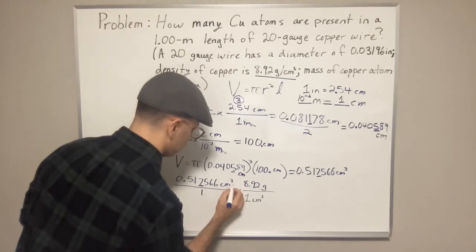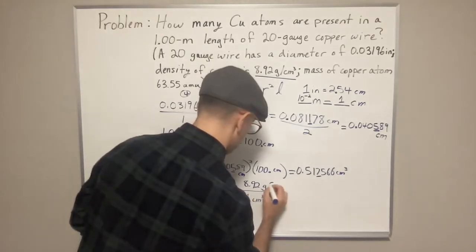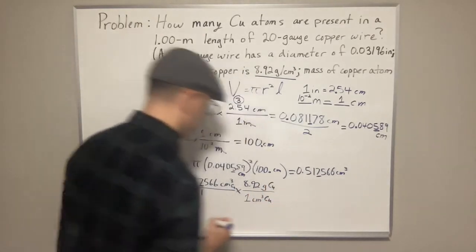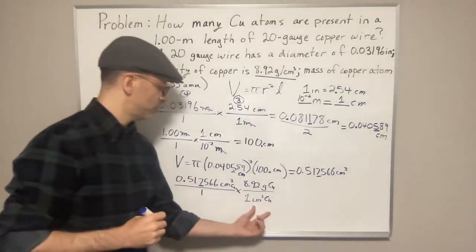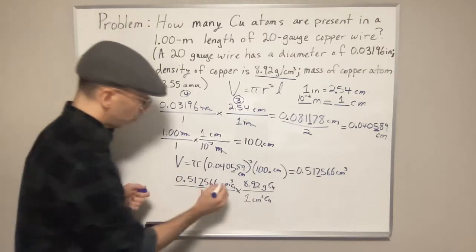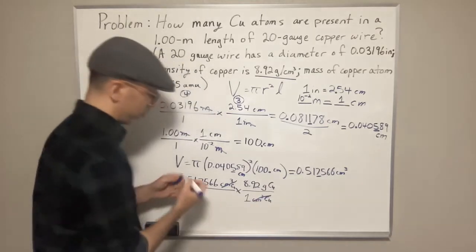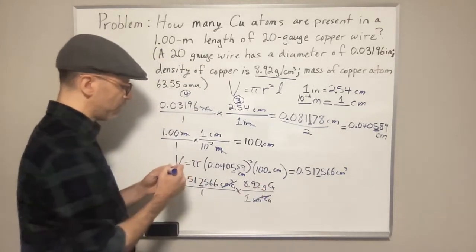And we'll put copper here. So grams of copper, centimeters cubed of copper. So the centimeters cubed of copper cancels out. We're left with grams of copper.